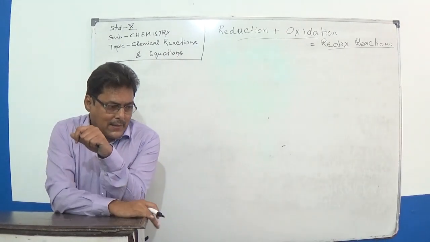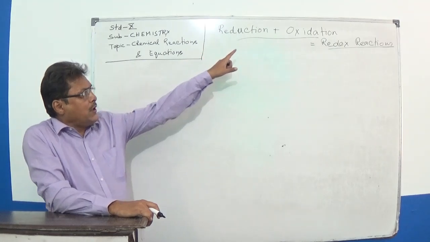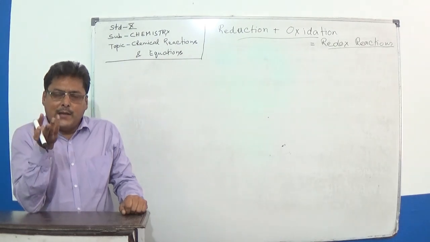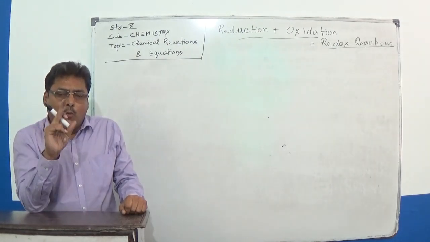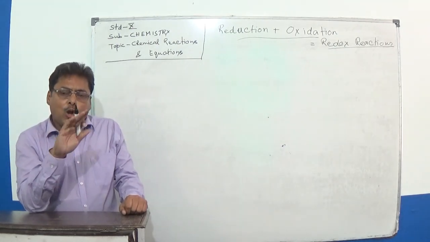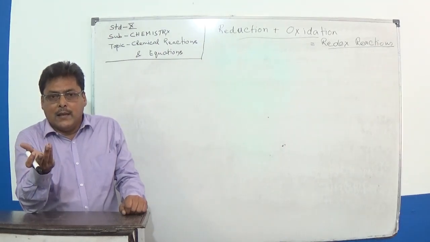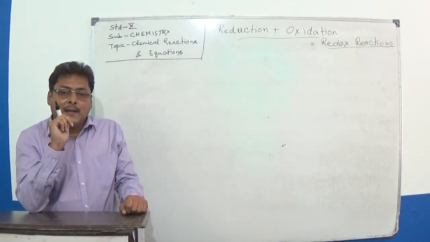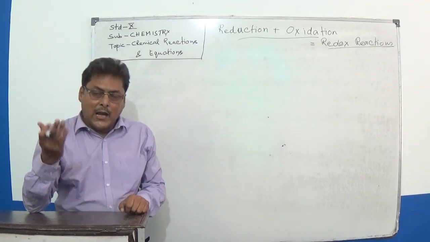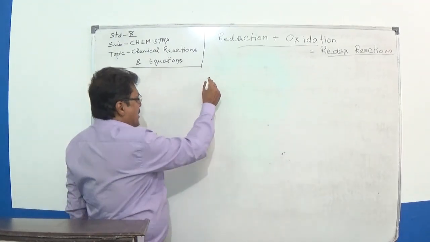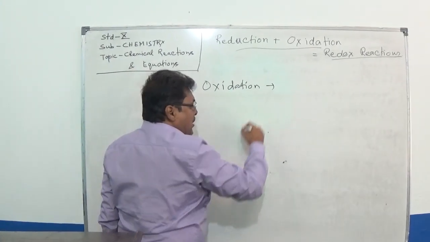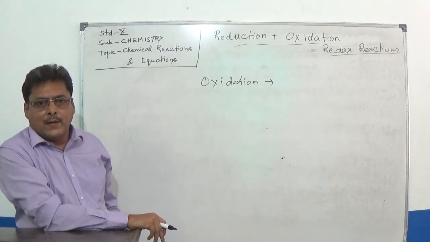What happens is that we can explain both reduction and oxidation in two ways. Whether one substance as a result of a reaction is gaining oxygen or losing oxygen, in the same way, whether a substance as a result of reaction is gaining hydrogen or losing hydrogen. In terms of oxidation, it can mean two things.